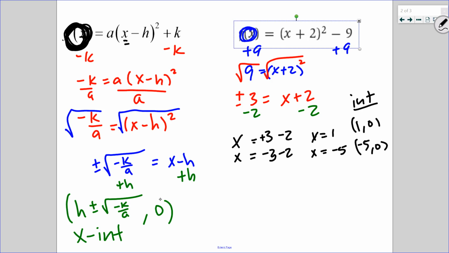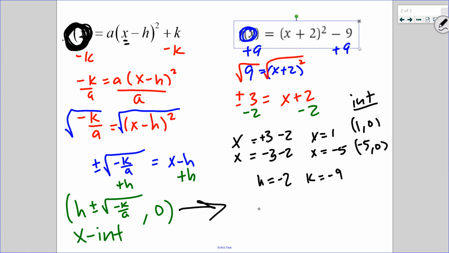Okay? And just to show you that you can use this formula, it's always nice to highlight what your h and k are. In this case, my h, it's a little tricky, is negative 2. Remember that it's x minus h. So a negative 2, my k is negative 9.